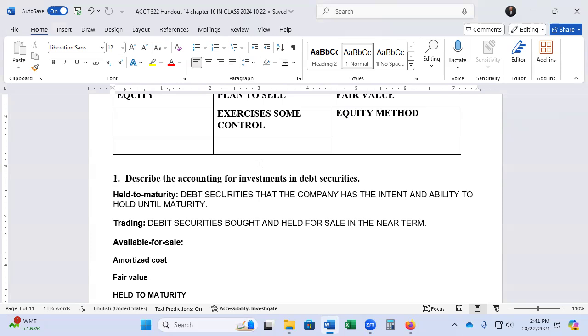And of course, accounting loves plugs or other buckets. And so available for sale are debt securities not classified as held to maturity or trading.